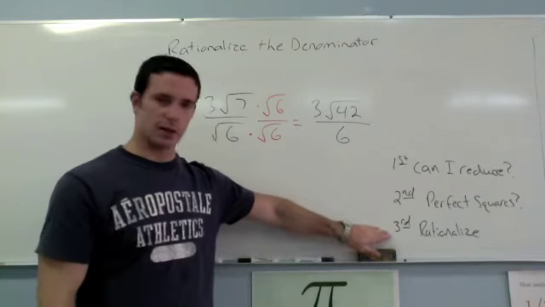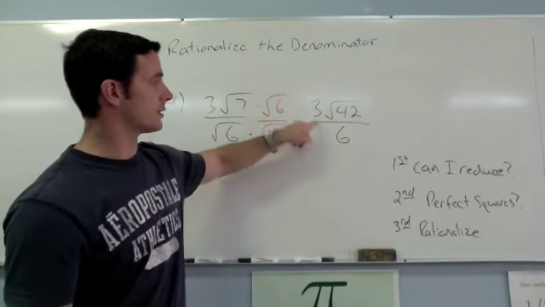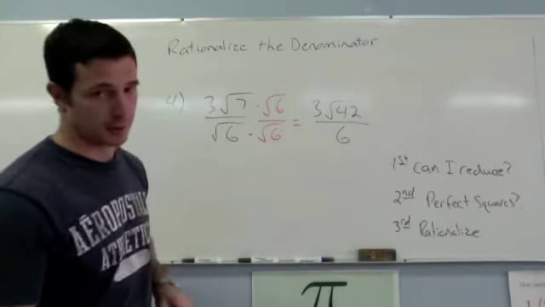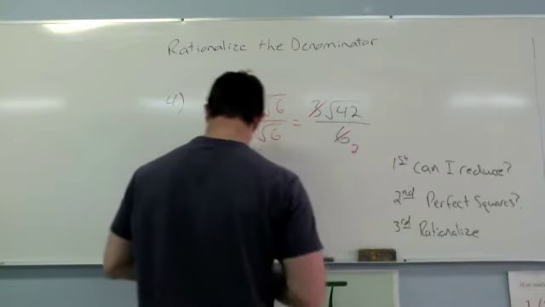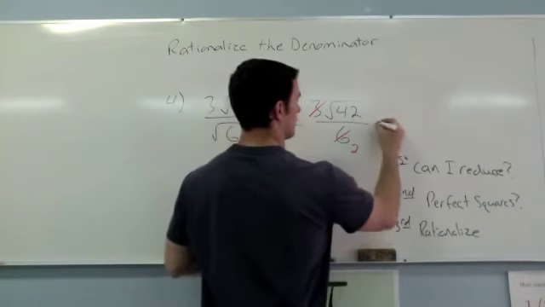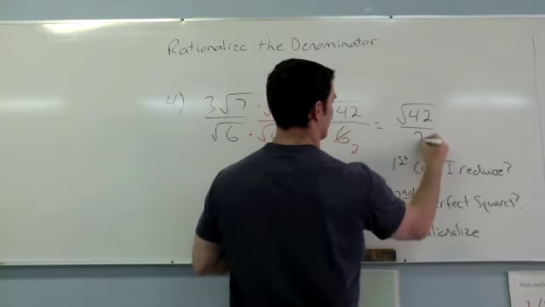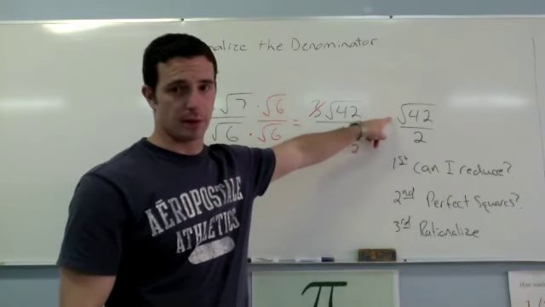Once I have rationalized the denominator, look at the numbers on the outsides. Can you reduce those? Yes, you can. This cancels, this becomes a 2. So my final answer is just the square root of 42 all over 2. The 42 cannot be simplified further.